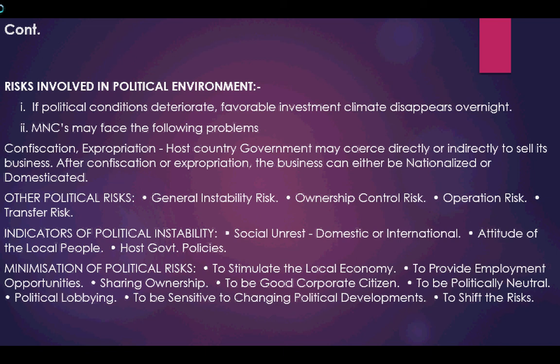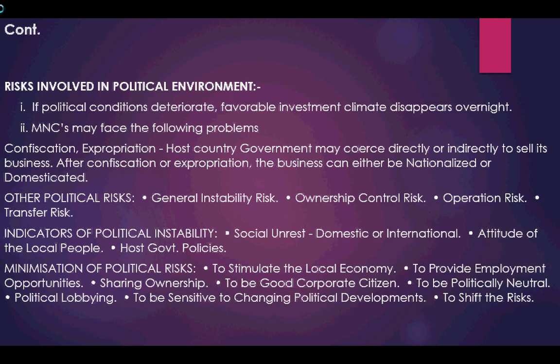Number one, if political conditions deteriorate or a favorable investment climate disappears overnight, MNCs may face many challenges, especially political challenges. It may be confiscation, expropriation. What is confiscation? What is expropriation?